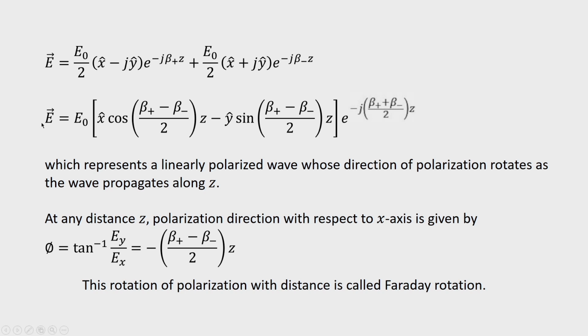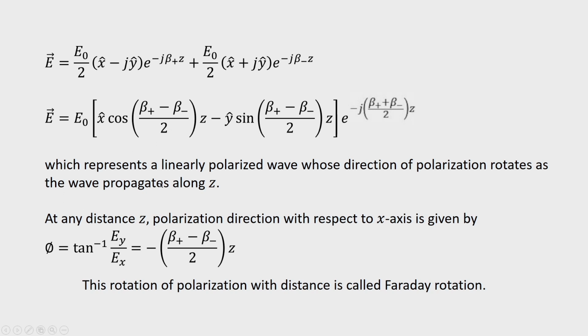So, the total electric field can now be written as E is equal to E naught (x cap cos((beta plus minus beta minus)/2 z) minus y cap sin((beta plus minus beta minus)/2 z)) e to the power minus j (beta plus plus beta minus)/2 z.